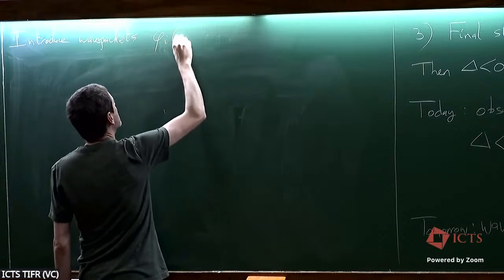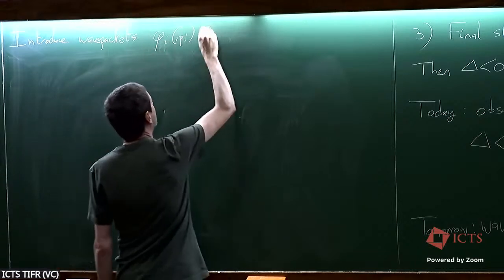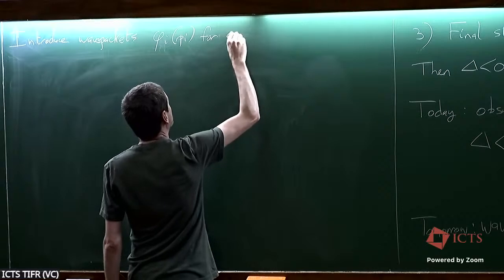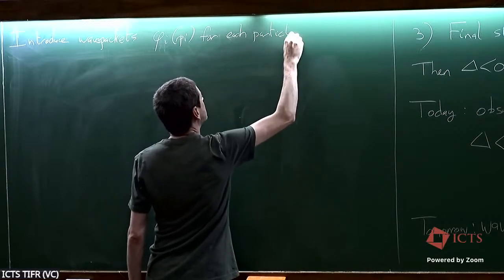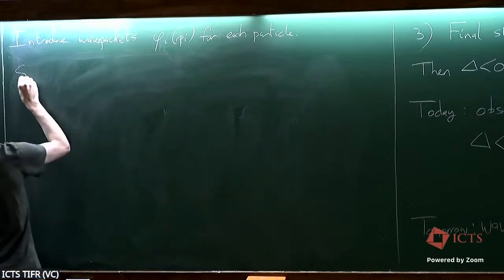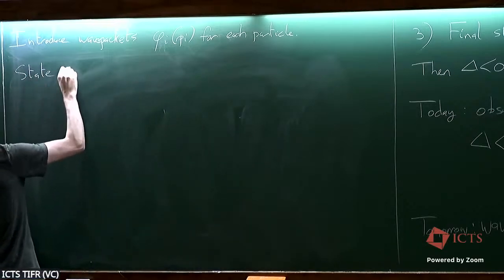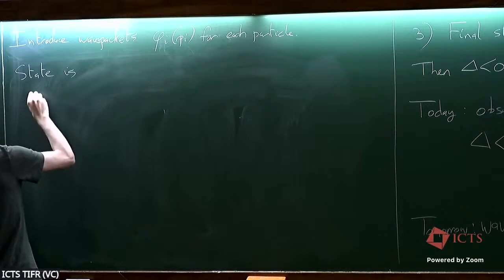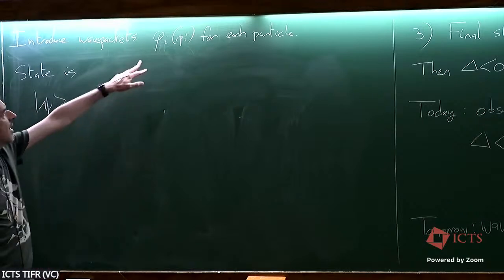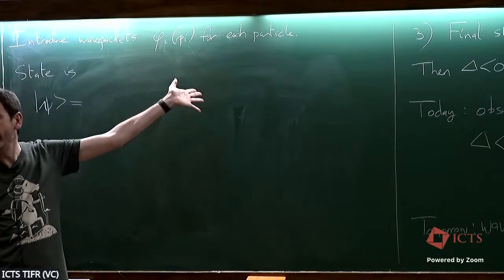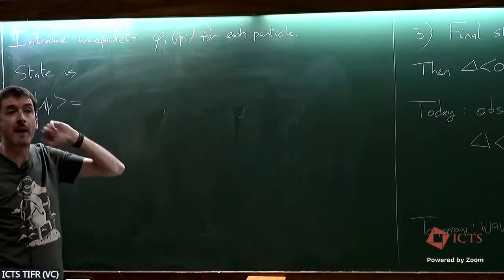I'm going to write them in momentum space for each particle. And then the state, you can express it in terms of wave packets. I'll write the state in terms of plane wave states integrated against these wave packets.